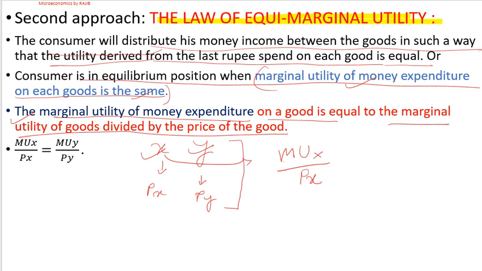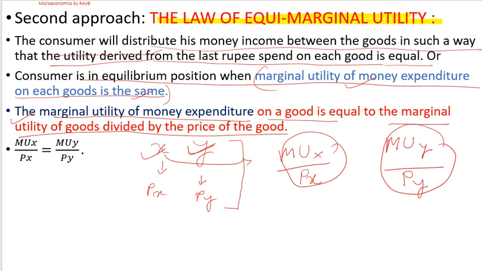The same happens in the case of commodity y: marginal utility of y divided by price of y is the marginal utility of money expenditure on commodity y. These two must be equal, and this is the condition for two commodities to get extreme satisfaction for the consumer, called the law of equimarginal utility.